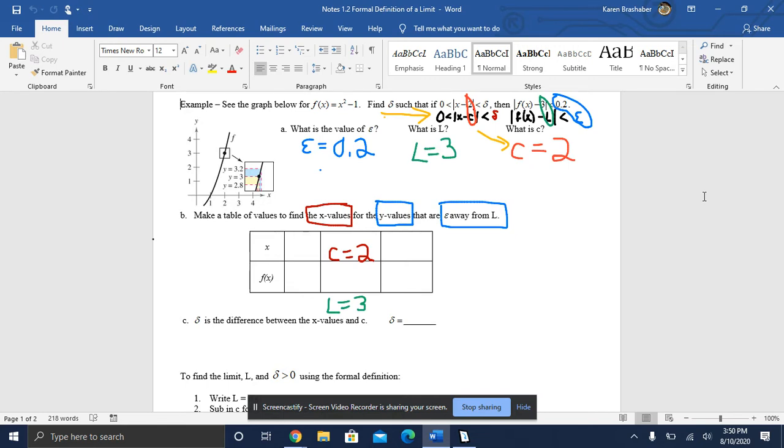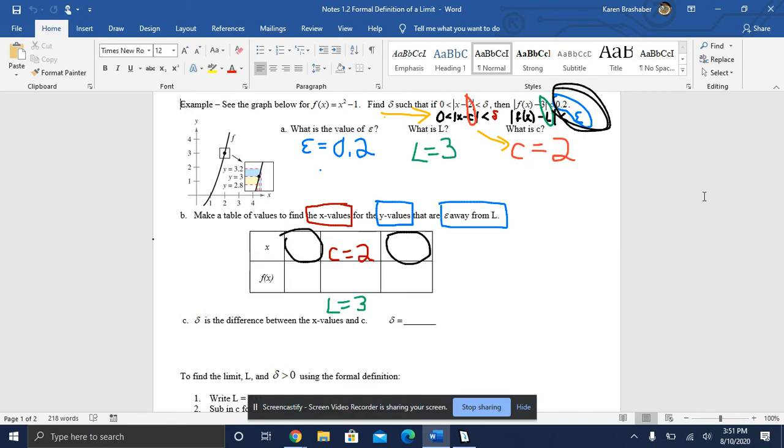So I'm telling you the x that we're interested in, and that's the 2, the c that equals 2. And I'm going ahead and telling you the limit. I know that the limit that I want to get is 3. And so my question is, how precise do these two x values have to be in order to get my f of x, my y values, to be within 2/10, and that's what this epsilon is up here, to be within 2/10 of my limit, which is 3.